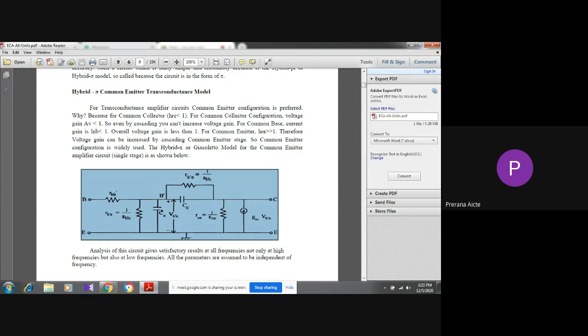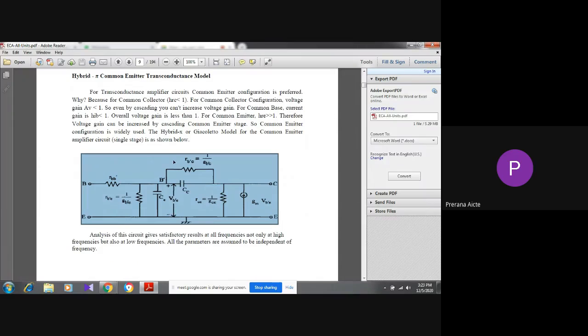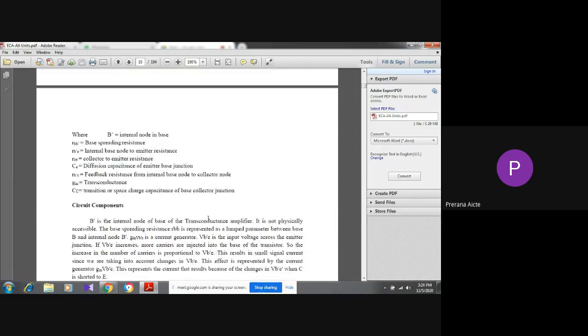So this is the basic figure of the common emitter concept at high frequencies. Remember, at high frequencies, not low frequencies. This figure is also called the Giacoletto model. This hybrid pi model is also called the Giacoletto model.